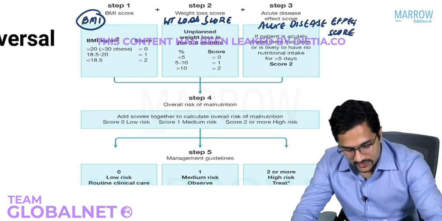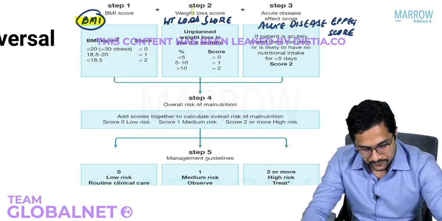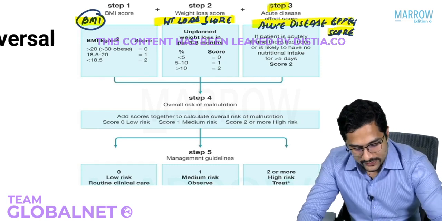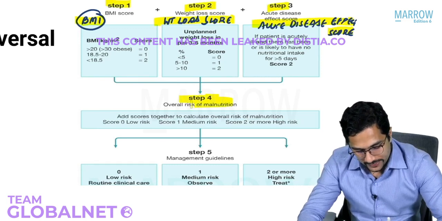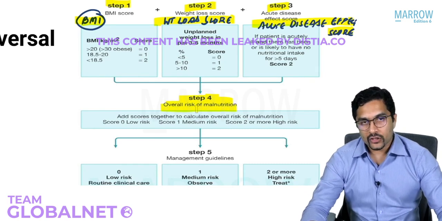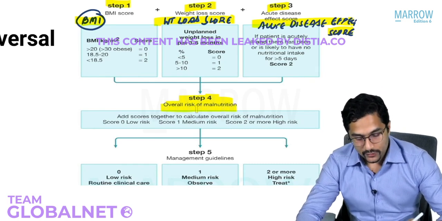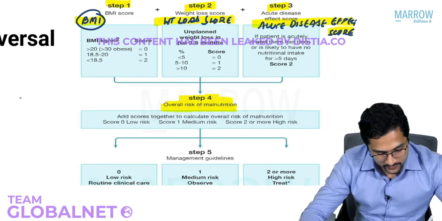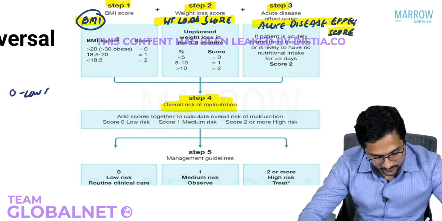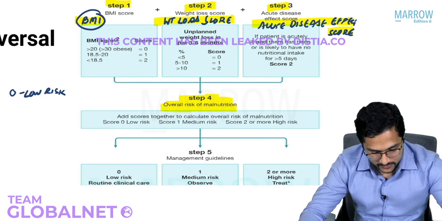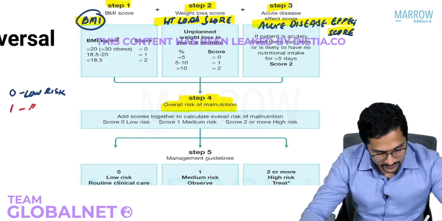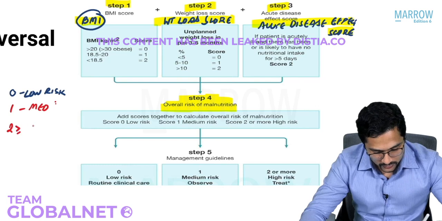So these are the 3 things which it takes into account. Once you calculate this, you will get the overall risk of malnutrition, where a score of 0 is low risk, 1 is medium risk, and 2 or more is high risk.